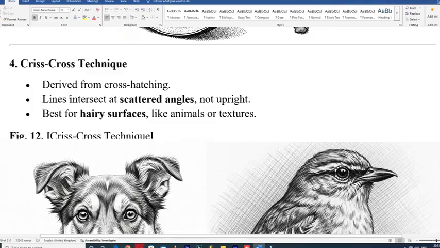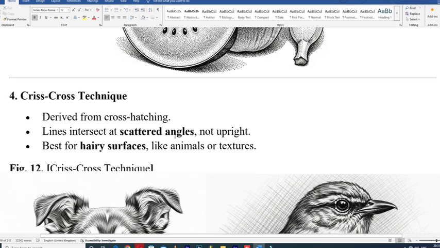Crisscross technique is derived from cross arching. You can see they look a bit similar. But in crisscross, you don't do arching and then when you are done, you cross it. As you are shading, you are crossing. That is how it is done. You get it? The lines intersect at scattered angles.